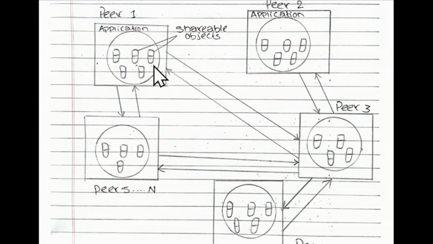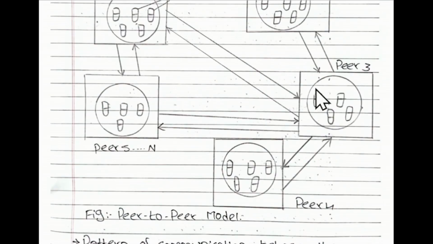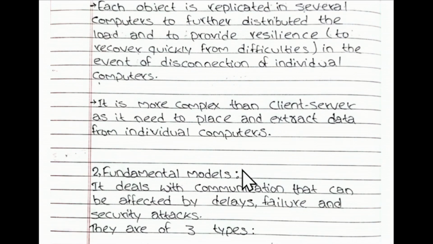Here these are the shareable objects. These objects are replicated on different applications. When some of the nodes are faulty, the shareable object can be shared by another peer. It is more complex than client-server as it needs to place and retrieve data from individual computers.